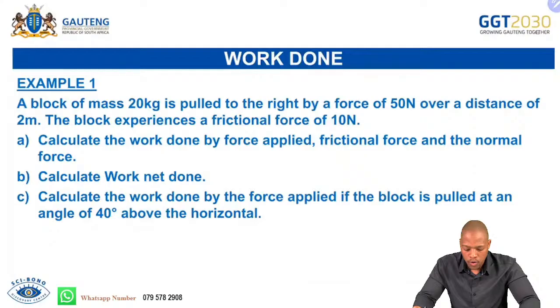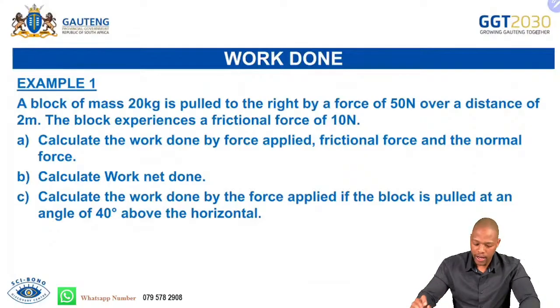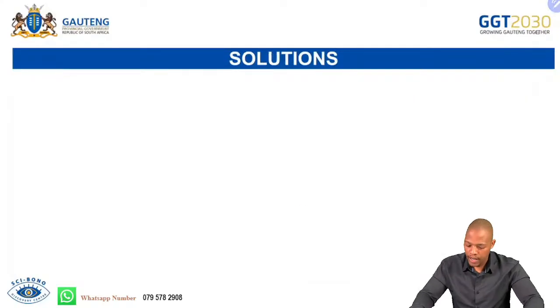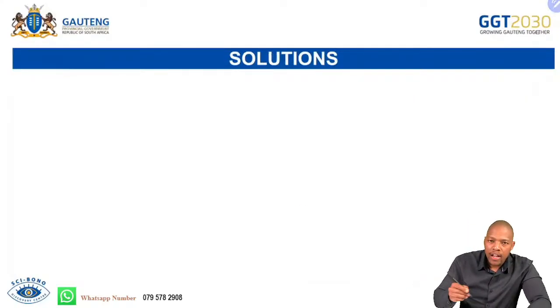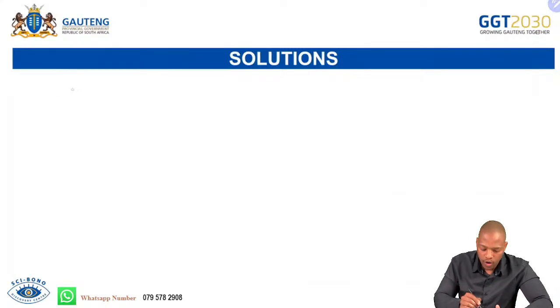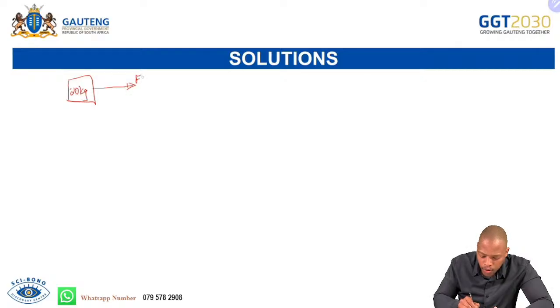All right, so let's see how we can calculate this. The first thing that I would advise that we do, grade 12, is draw the free body diagram so that we can identify the forces that are acting. They said it's a 20 kilogram block. So let me quickly draw the 20 kilogram block, and it was being pulled by a force of 50 newtons, and then there was a frictional force.